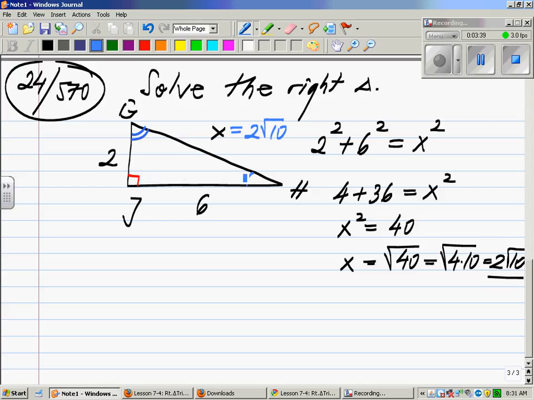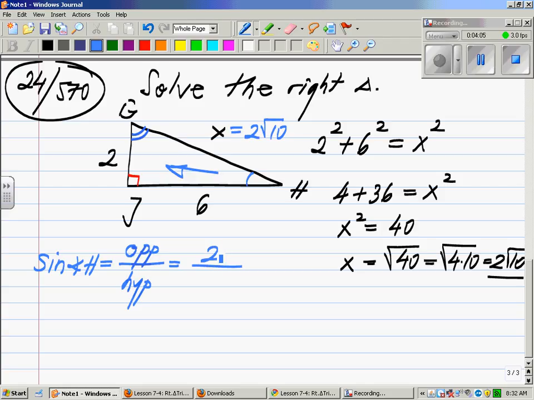Say, what is sine of H? Sine of angle H equals what? Somebody tell me. What is the formula for the ratio for the sine function? Opposite over hypotenuse, right? So I have the opposite side over the hypotenuse, which in this case, opposite H is 2.